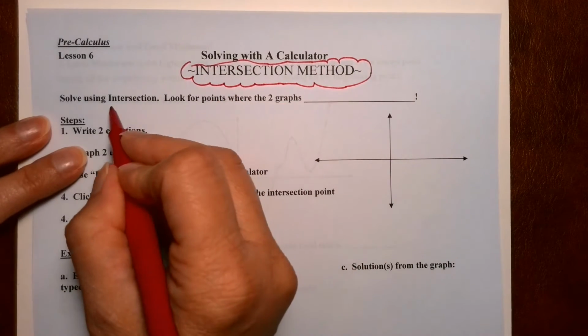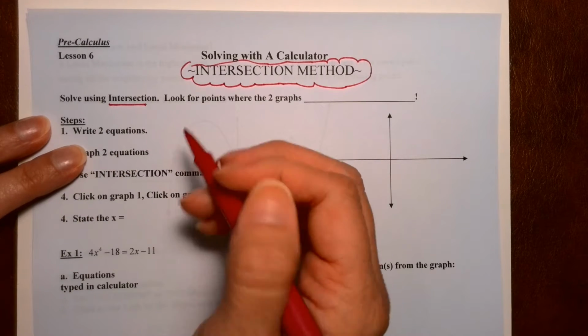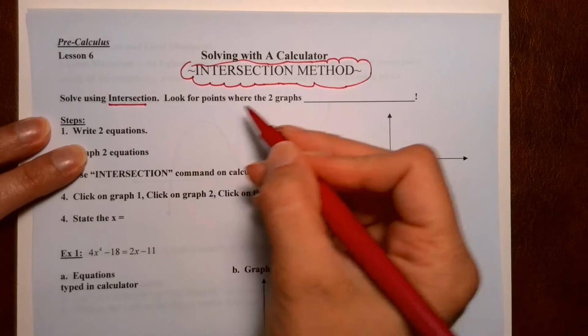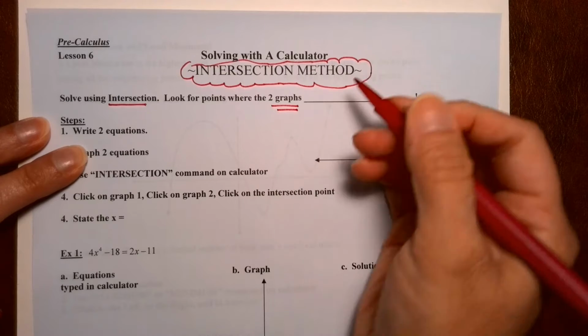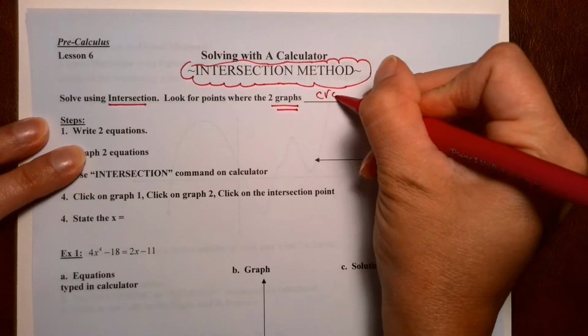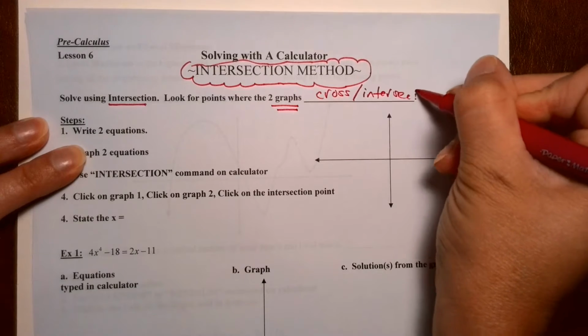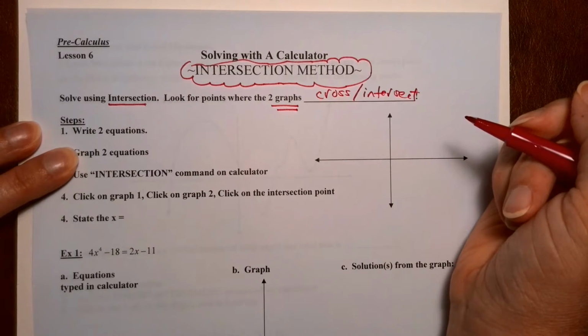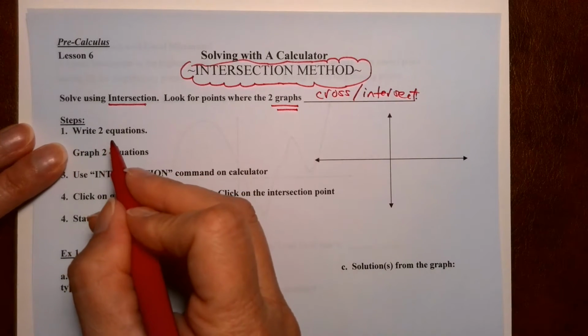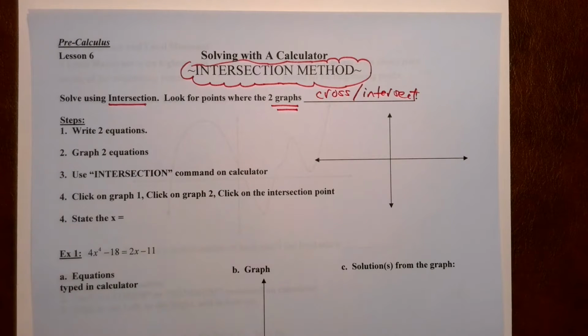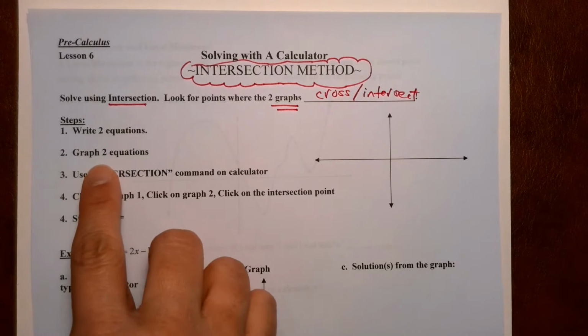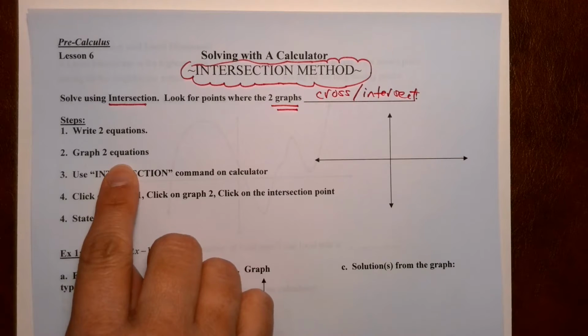To solve using the intersection method, you're going to look for points where two graphs cross, or you could say intersect. The first thing you have to notice is you have to have two equations. You're going to write two equations and graph two equations.